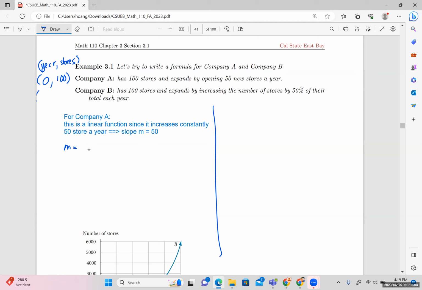We have 1 year has 150. So you can have 150 minus 100 divided by 1 minus 0. You will get 50 divided by 1. That gives you 50 as the slope.